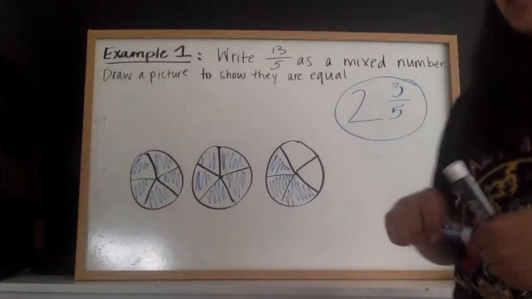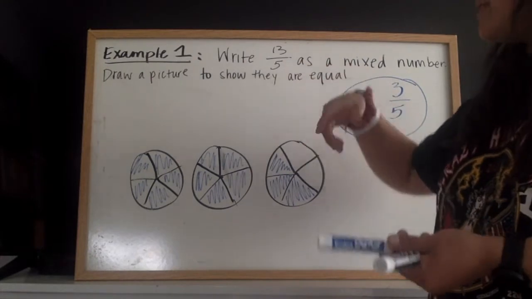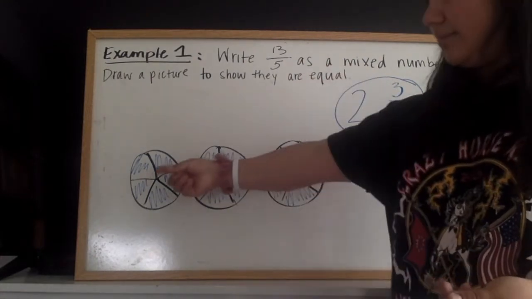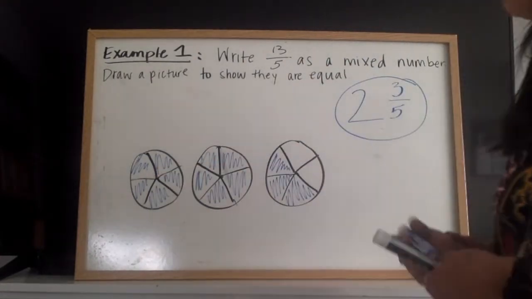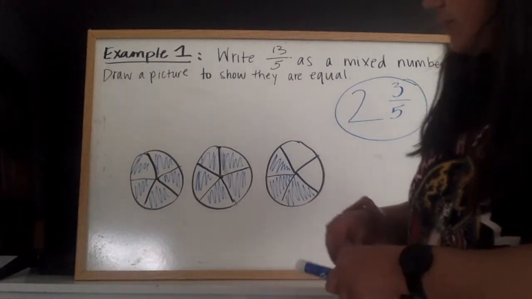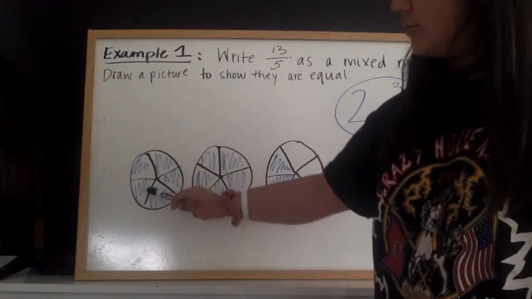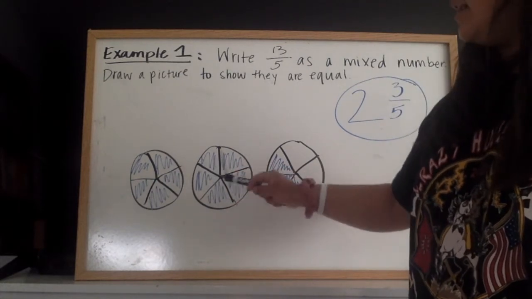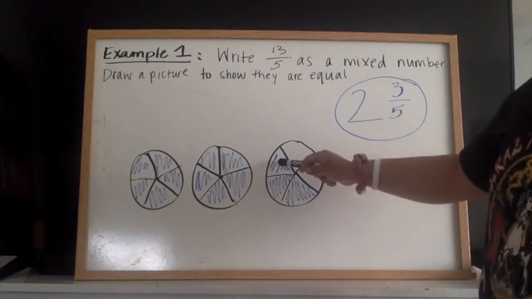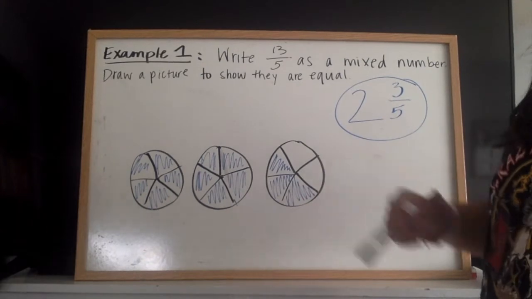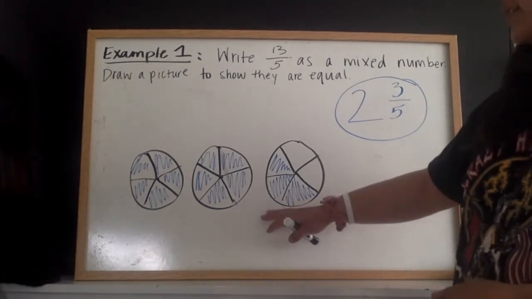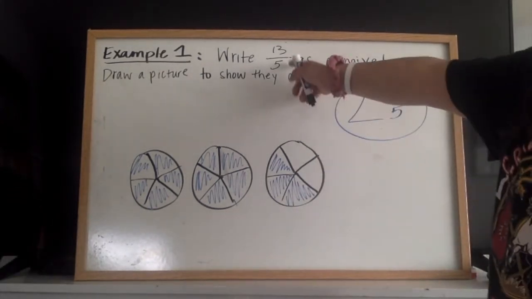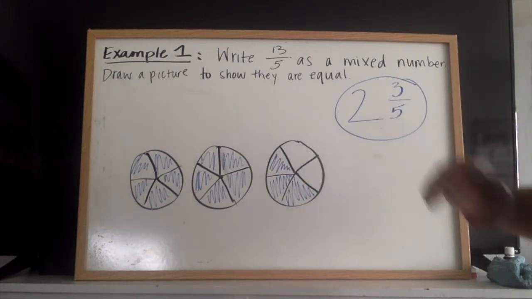Let's double check. If I have 13/5, that means I need to have 13 pieces. Okay, so count with me if you want. We've got 1, 2, 3, 4, 5, 6, 7, 8, 9, 10, 11, 12, 13. So this picture does in fact represent 13/5 and 2 3/5.